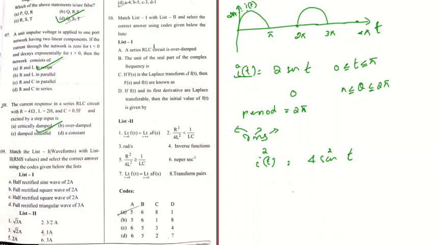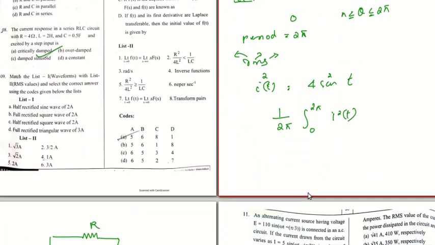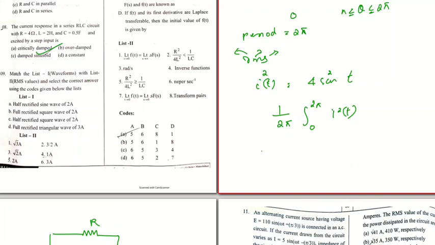Now we have to find the value of the mean. The mean is 1 by 2 pi, divided by its own period, integral 0 to 2 pi of i square t, which is equal to 1 by 2 pi integral 0 to 2 pi of 4 sine square t dt. And we know that it is only up to pi, so I am going to replace the limit with pi.